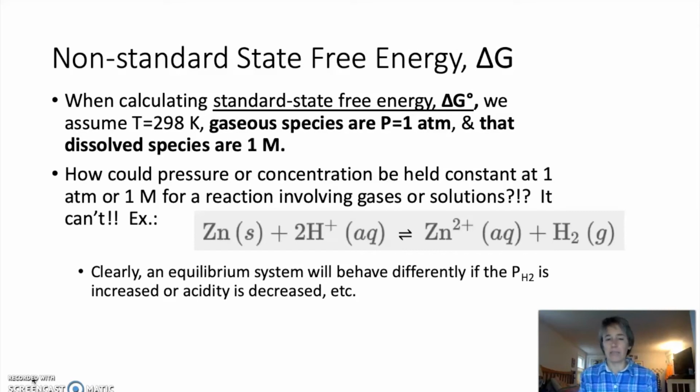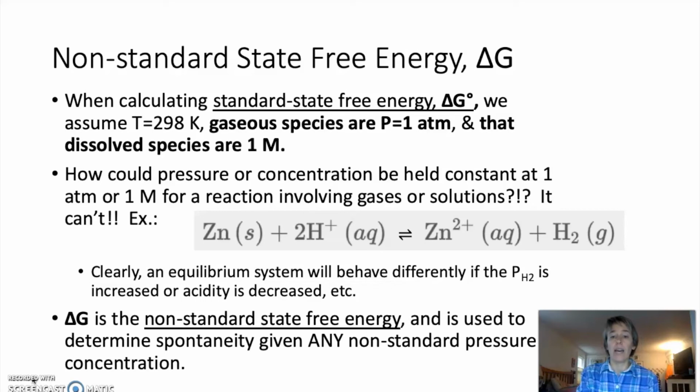Just thinking about this from an equilibrium perspective, we talked about Le Chatelier's principle in lab, and you did in lecture as well. If the pressure of H2 gas or the concentration of the ions increases or decreases, that's going to shift the equilibrium of the reaction. If we have higher concentrations of hydrogen ions, it's going to shift to the right. If we have a higher partial pressure of hydrogen gas, that's going to shift it to the left.